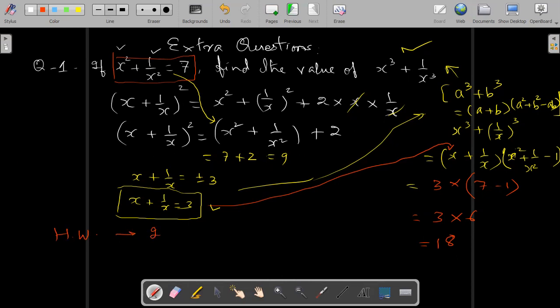If x square plus 1 by x square is equal to 98, then find the value of x cube plus 1 by x cube. You can try this question, and your answer will come 970. If not, that means you are making some mistake. Okay.